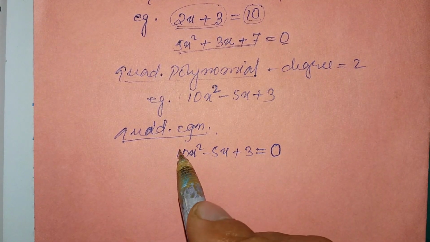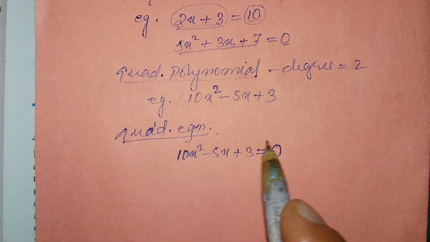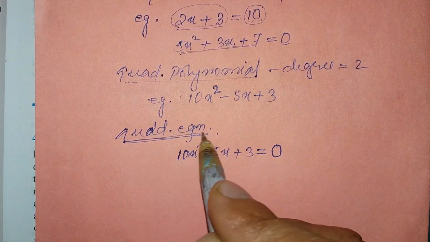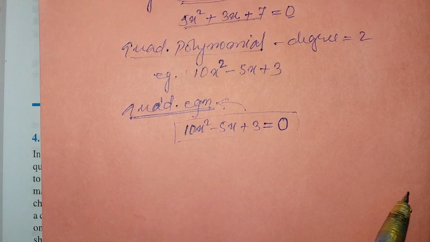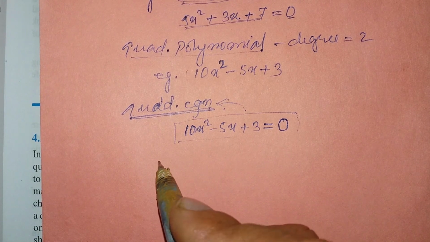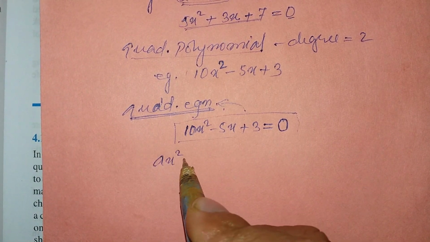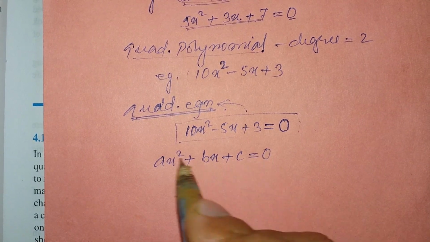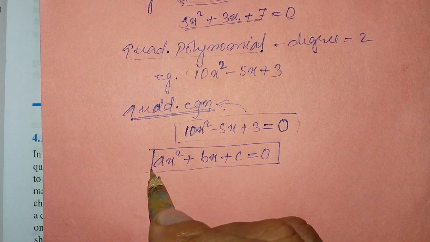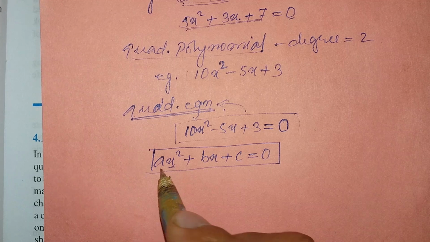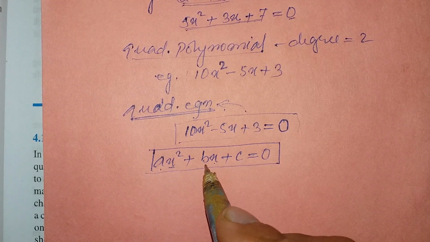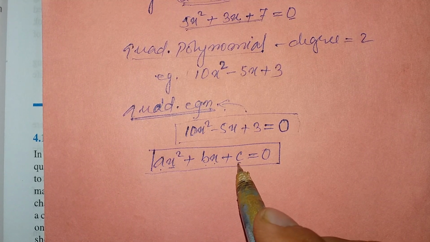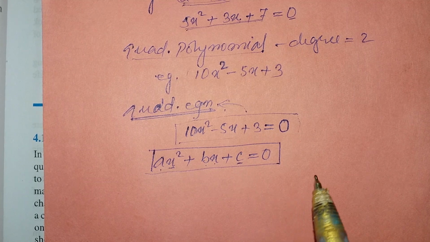Now the resulting equation which we get is known as quadratic equation. Now the standard form of quadratic equation is ax squared plus bx plus c equal to 0. Now this is the standard form of quadratic equation. Here the coefficient of x squared is a and the coefficient of x is b and c is the constant. C represents the constant.